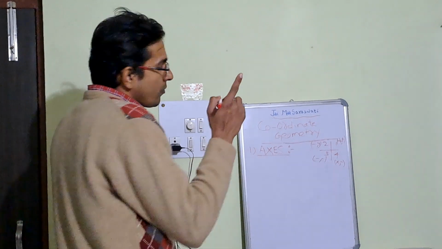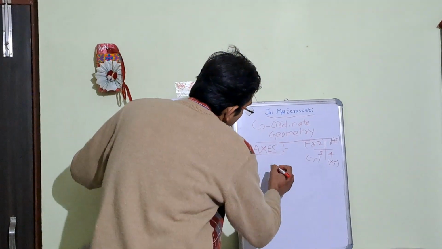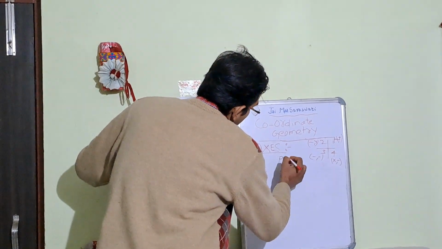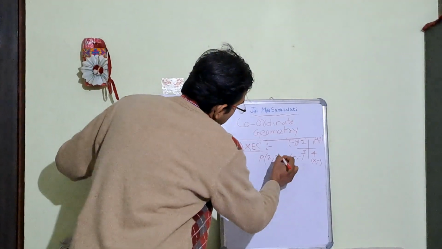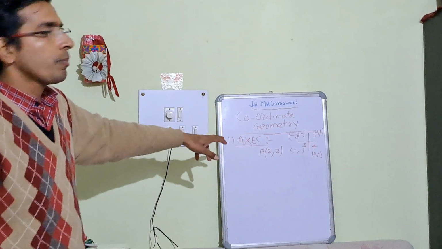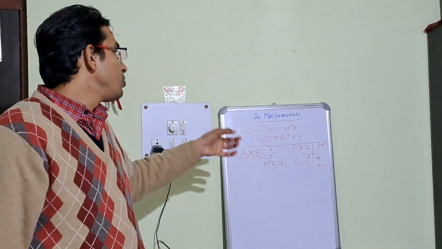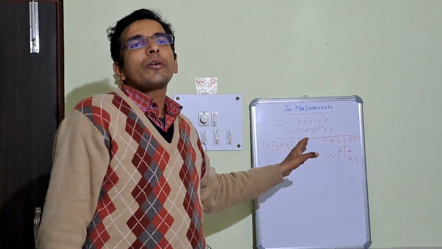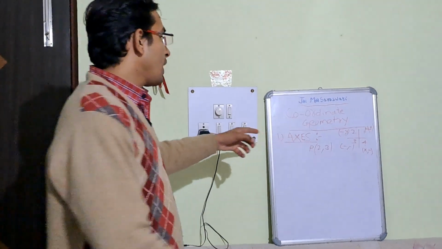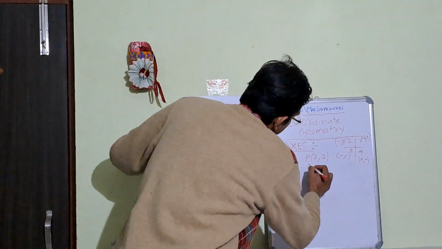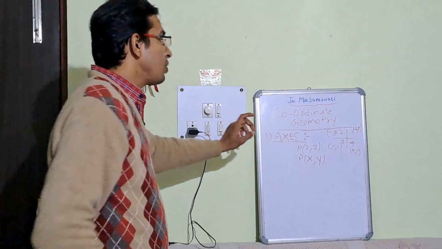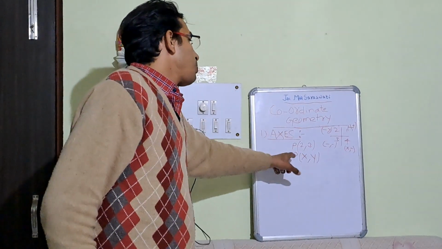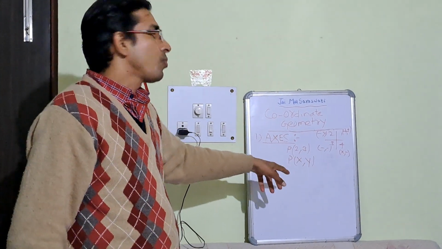Suppose we take one example. A point is there, entitled P, and the coordinates are 2, 3. P is a particular point in space whose coordinates are given as 2, 3. First of all, we write this point in the form P(x, y).